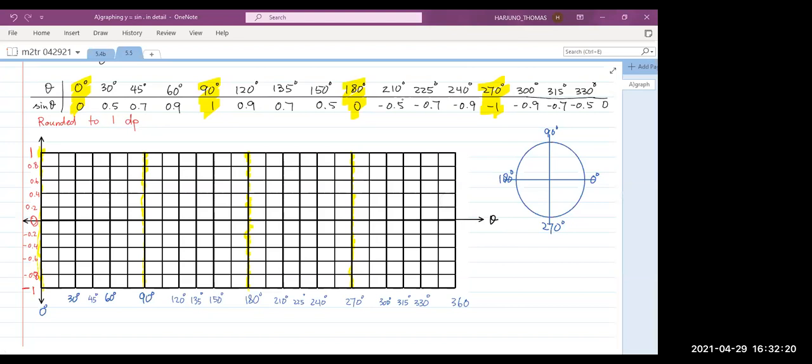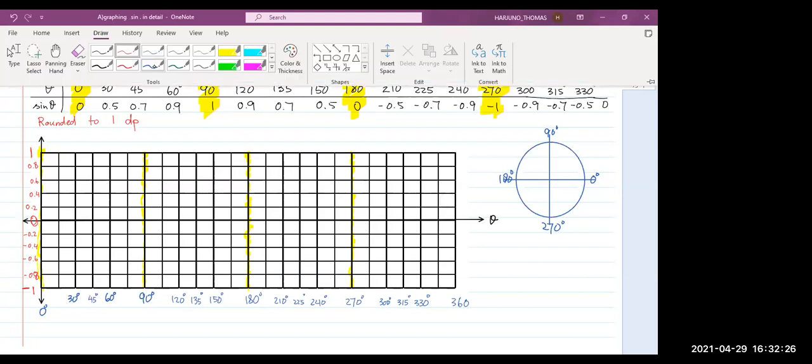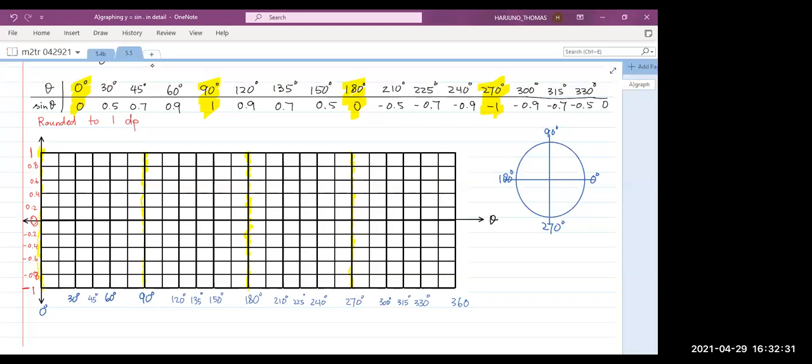Is it okay now? Now then, next I will plug in the coordinates. When theta equals 0 degrees, the value of sine 0 is 0.